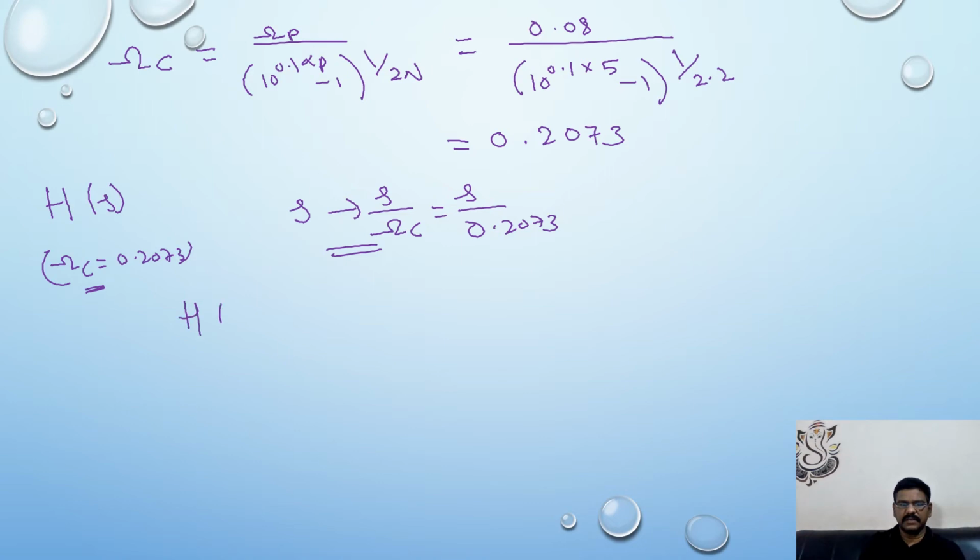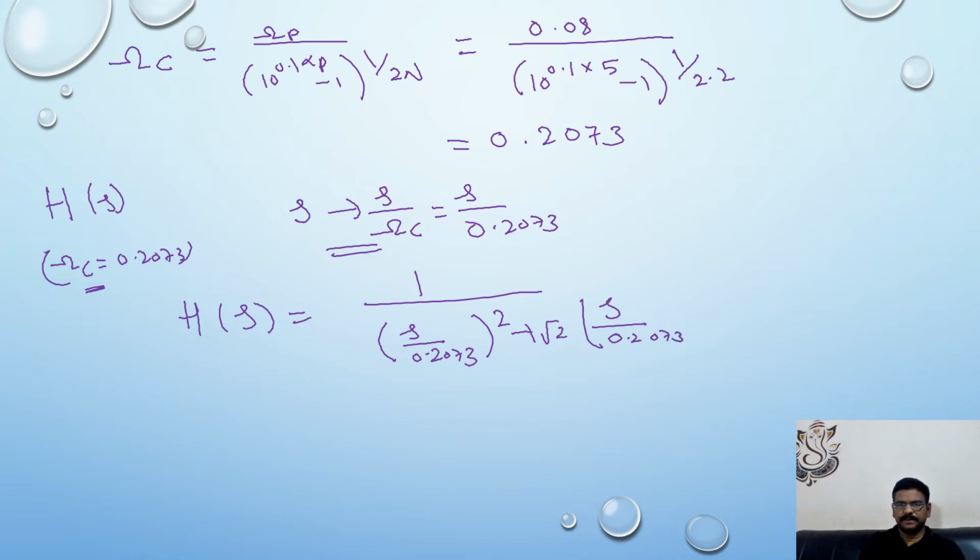What is our H(s)? H(s) is actually 1 by s squared plus root 2 s plus 1, with s replaced, so this is (s by 0.2073) whole square plus root 2 into s by 0.2073 plus 1.